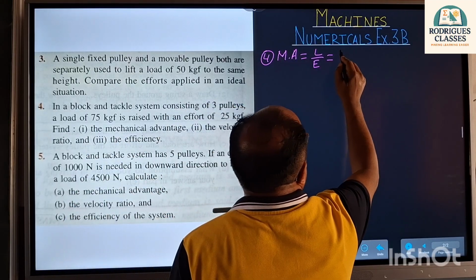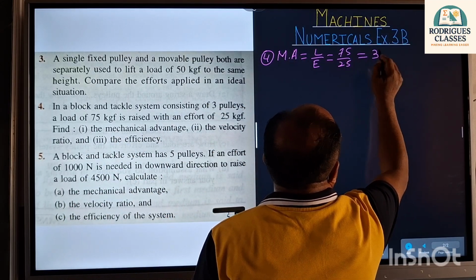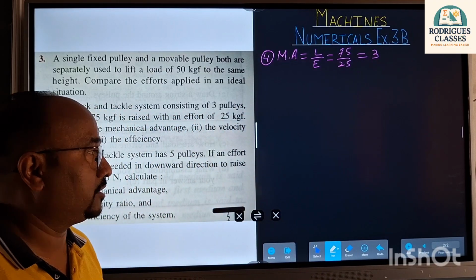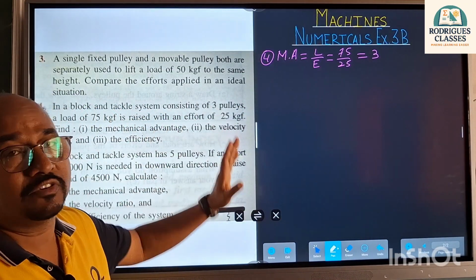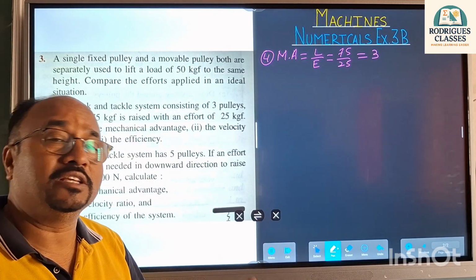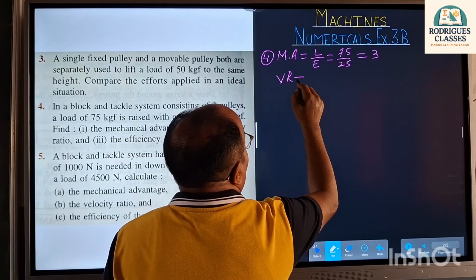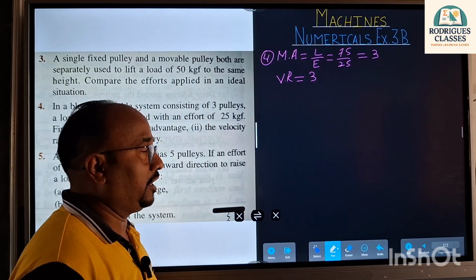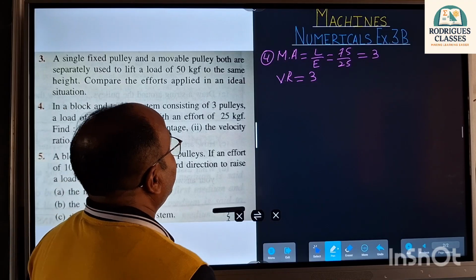So 75 by 25. So that gives us 3 as the mechanical advantage. Then the velocity ratio, because it is a block and tackle system with 3 pulleys, number of pulleys is the velocity ratio. So we write here directly velocity ratio is equal to 3. And then we are asked to find the efficiency. Okay.